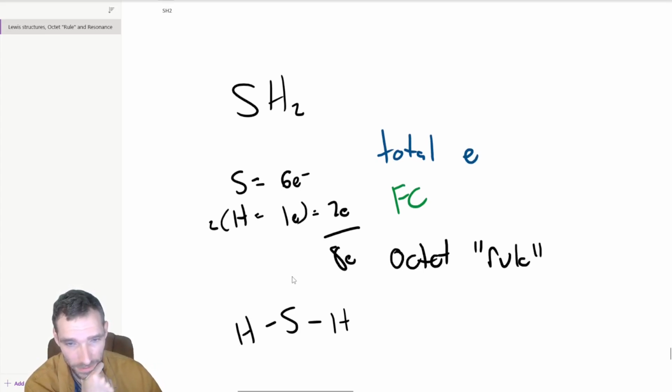They're going to have to be wrapped around the central atom. I'm also thinking that we've only got 1, 2, 3, 4 of our electrons, and I'm thinking maybe we do something like that. With that, we now have the sulfur having access to 1, 2, 3, 4, 5, 6, 7, 8.